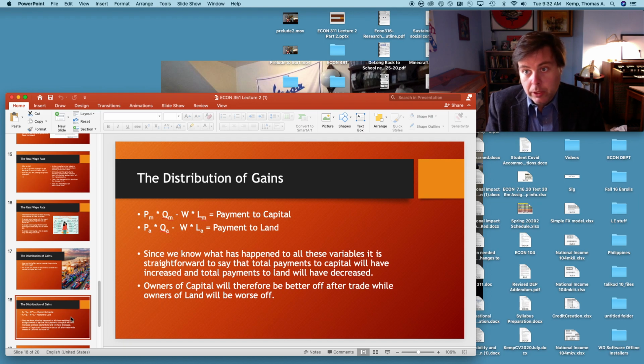And the quantity of labor is also increased. But again, we know that the right-hand term is less than the left-hand. We know that P times Q is greater than W times L. Why? Because remember, the price increased more than the wage payment. Therefore, we know that the payment to capital has increased for sure, right?